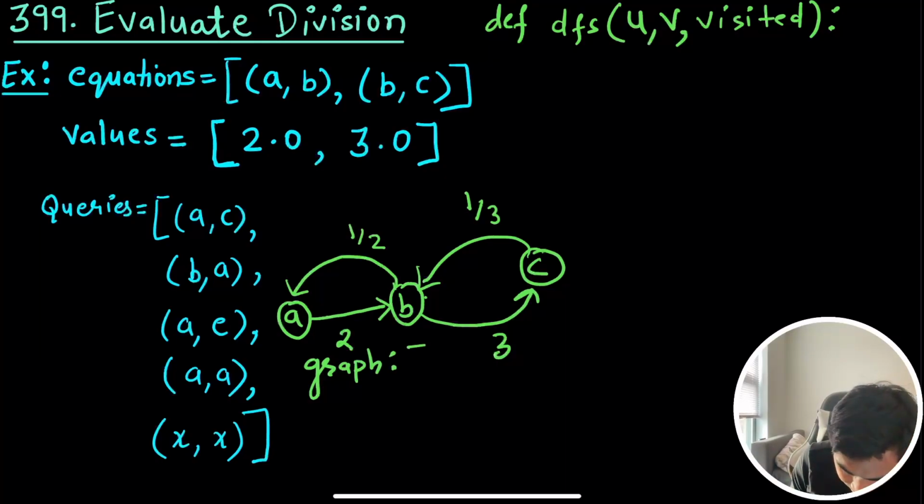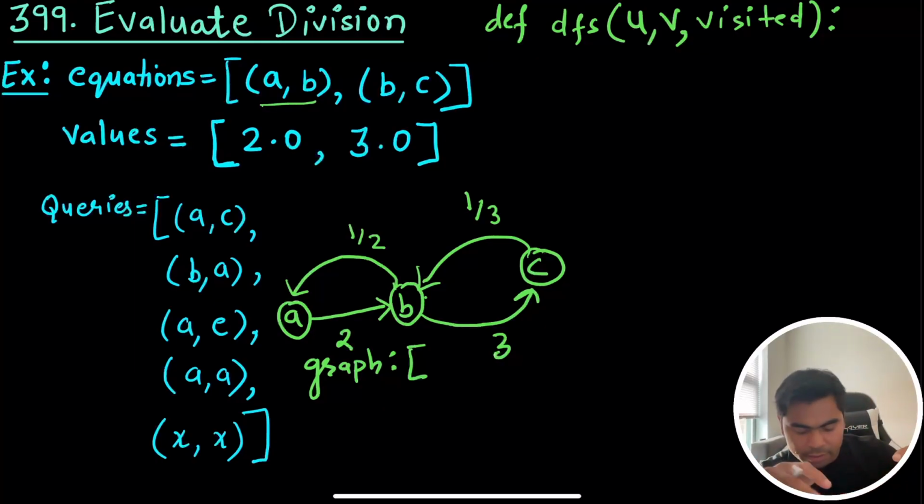In the adjacency list, I could see that A and B are connected together, and it has two paths, from A to B and B to A. In other words, you can say it's an undirected graph as well, but the weight here is going to be flipped. B to A will be the reciprocal of the weight of A to B.